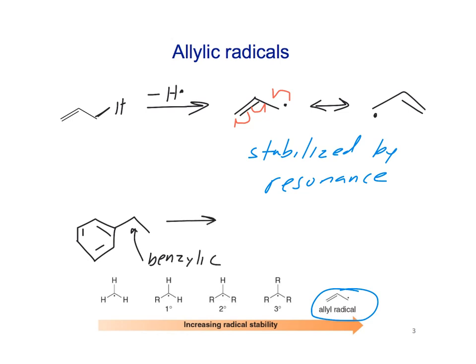And benzylic radicals are also stabilized by resonance, right? I'm not going to draw all of these, but this could move in this way. It could combine with one of these pi bonds, and this pi bond would split, excuse me, to form a radical like this.